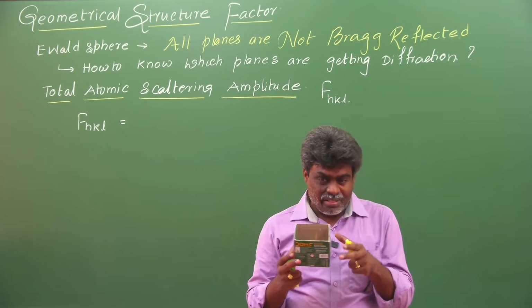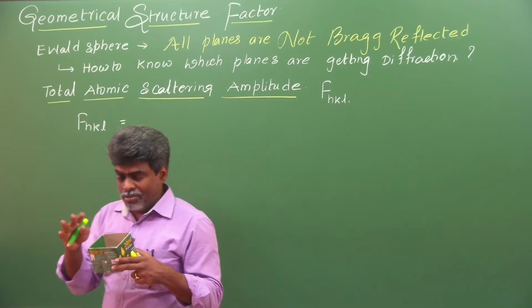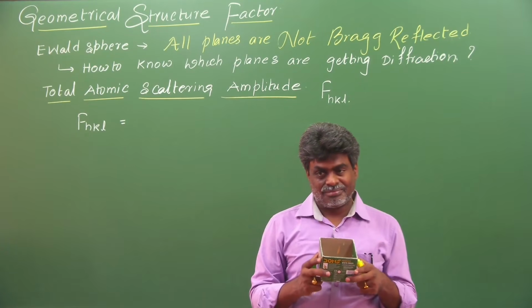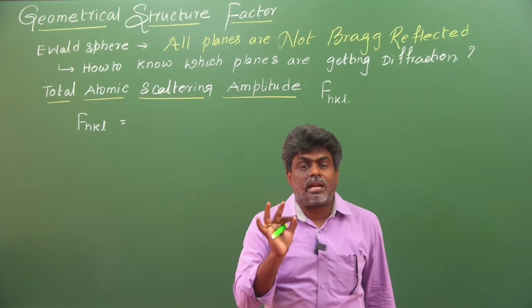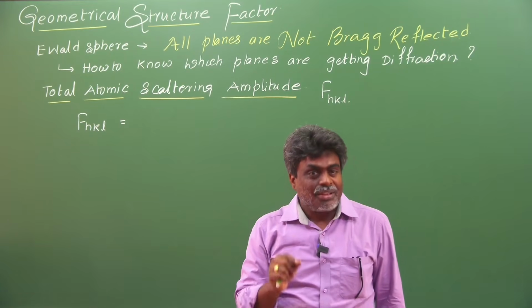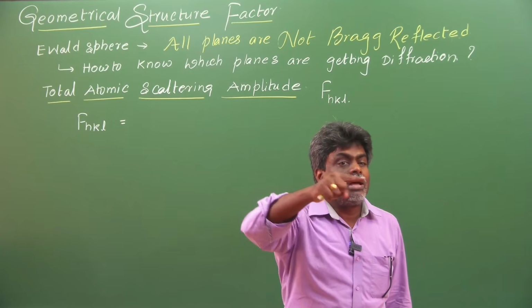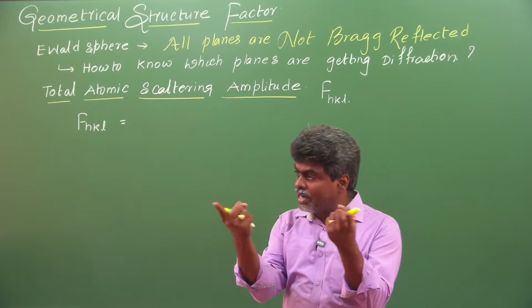Is that clear? If you take a BCC, how many lattice points per unit cell will be there? 2. And FCC, 4. So here the meaning of total atomic scattering factor is that you have to take the amplitude for all the atoms per unit cell. You need not study the entire crystal.